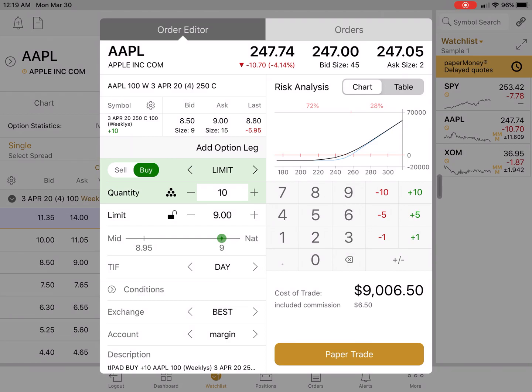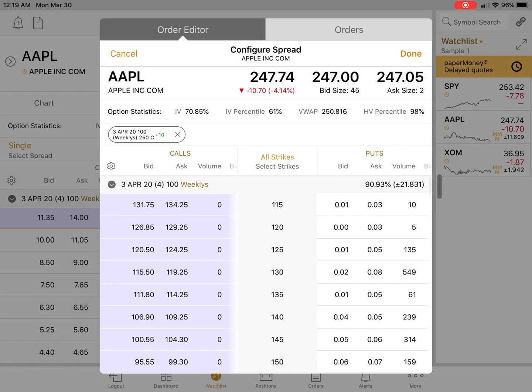And then what I will do this time is a little bit different. Right underneath the Apple, you see there's an add option leg. I'm going to tap on that one. Notice I now have a second screen that says on the top, configure spread.